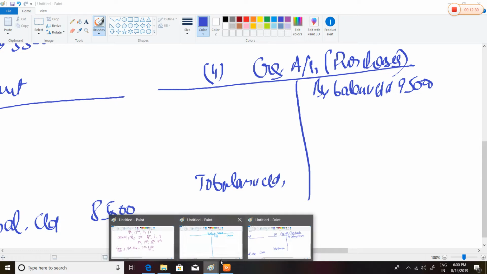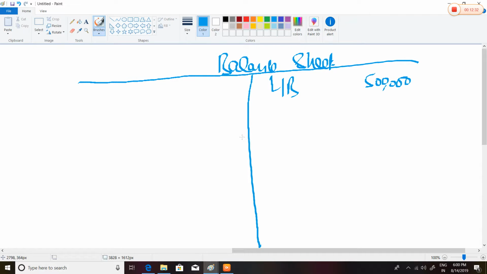Now, side by side, post the value of plant and machinery 3,30,000. These are direct amounts, it needs no explanation. Office equipment 85,000.